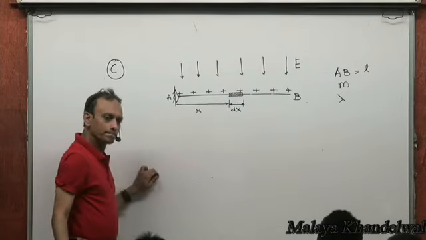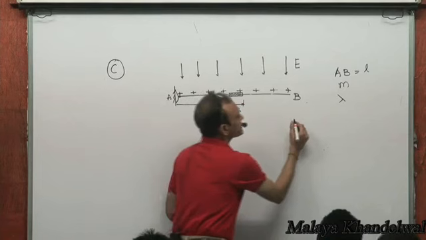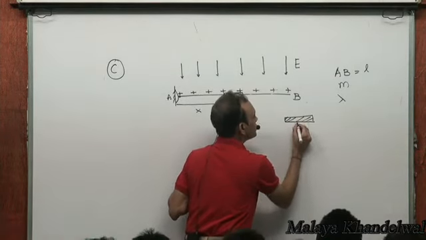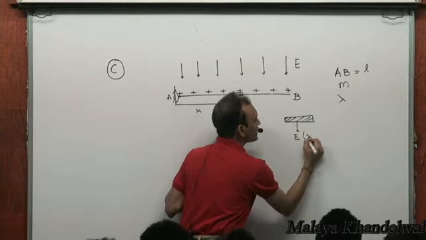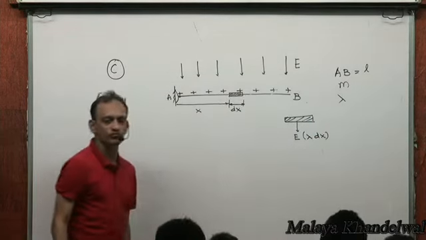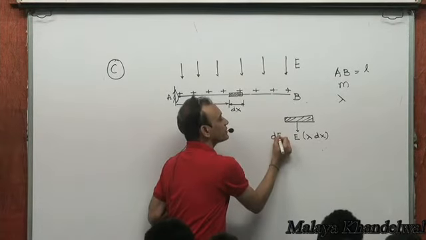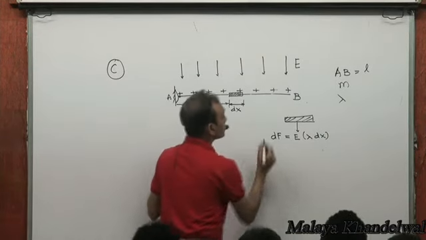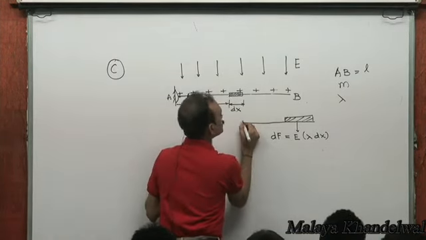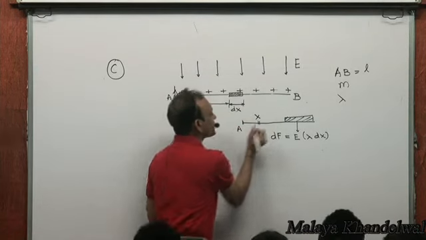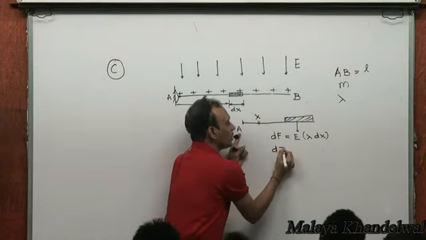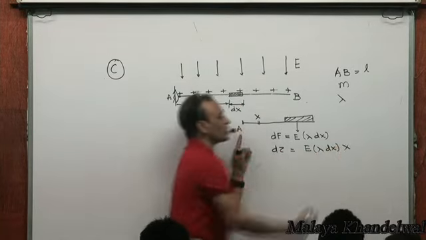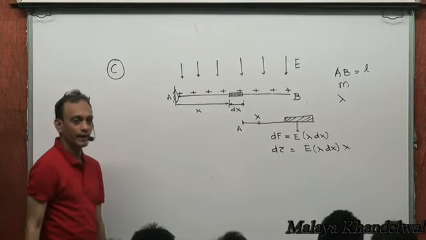The force that this element will experience is going to be E into the charge on this element. Lambda dx is the charge on this element. That's the force experienced by this element, right? And this element will experience a torque about A. It's at a distance x from A. So it will experience a small torque, which is lambda into dx into x, times E. That's the torque it experiences about A, right?